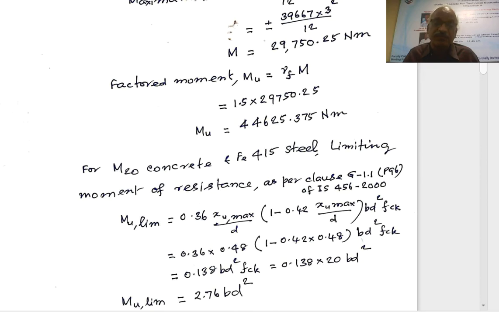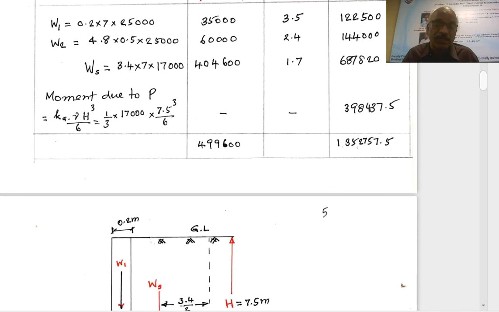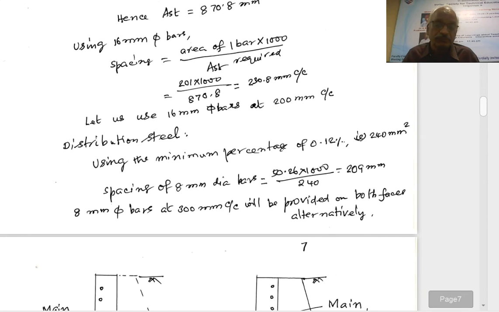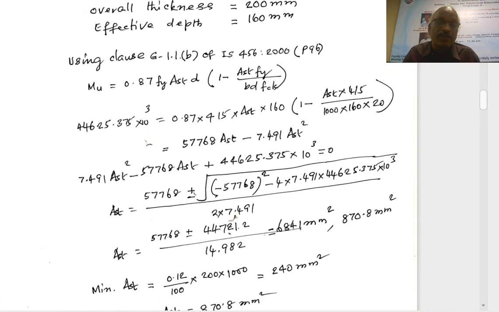That is what we use when we find out the area of steel. 44,625.375 into 10 power 3 equal to 0.87, Fy is 415 for Tor steel, AST unknown, that's what you are going to find out.